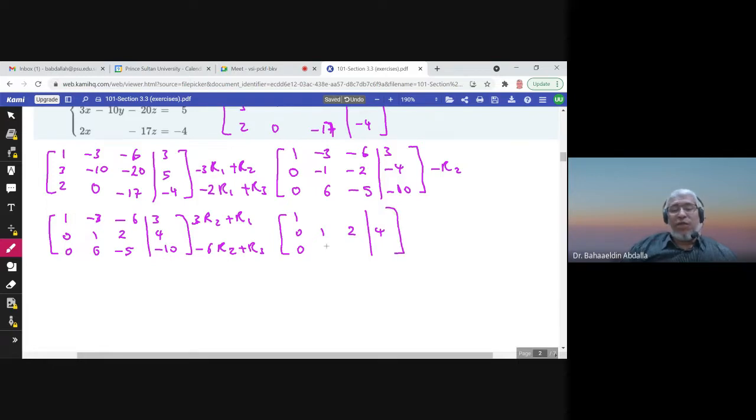Negative 6 plus 6. Negative 12 plus negative 5. Negative 24 plus negative 10. 3 plus negative 3. 6 plus negative 6. 12 plus a 3.